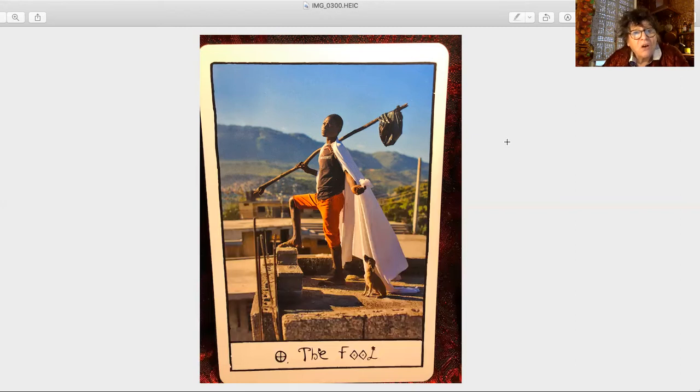Do you touch the dog or the cement? Careful for the edge of the roof. Take a moment to look around at the mountains. And now turn around and look at the figure of the boy, of the Fool beginning his journey.